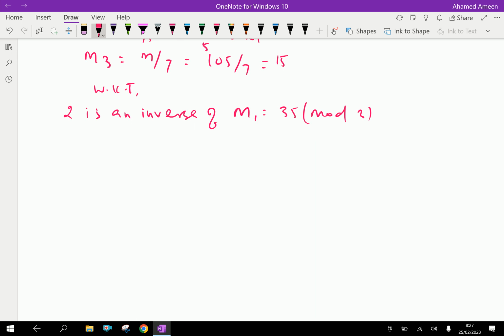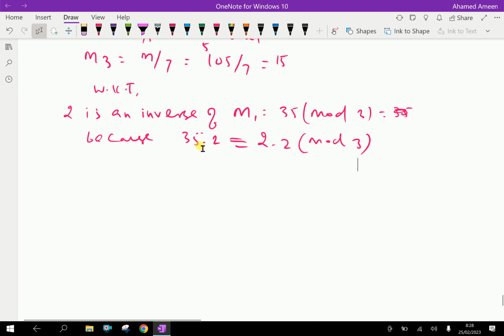Look here: because 35 times 2 is congruent to 2 times 2 mod 3.